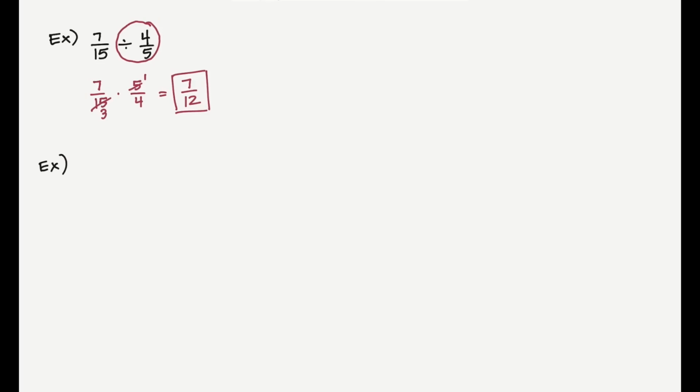The next one is going to be 5 1/3 divided by -7. So just like you were probably thinking, we need to rewrite this mixed number as an improper fraction. You need to do that first.